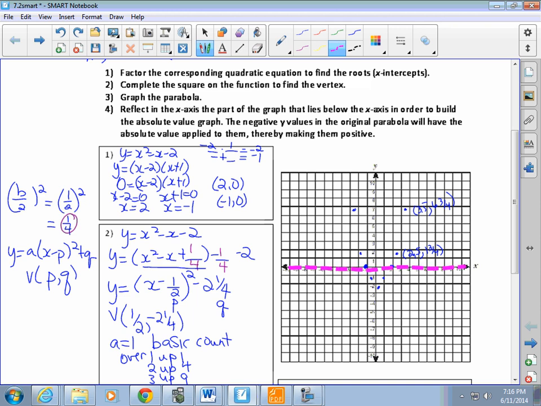Anything that is below that x-axis, I'm going to reflect into the x-axis. So my vertex here was at 1/2 and -2 1/4. It's going to stay at 1/2 on the x, but now it's going to be positive 2 1/4. So about right there.